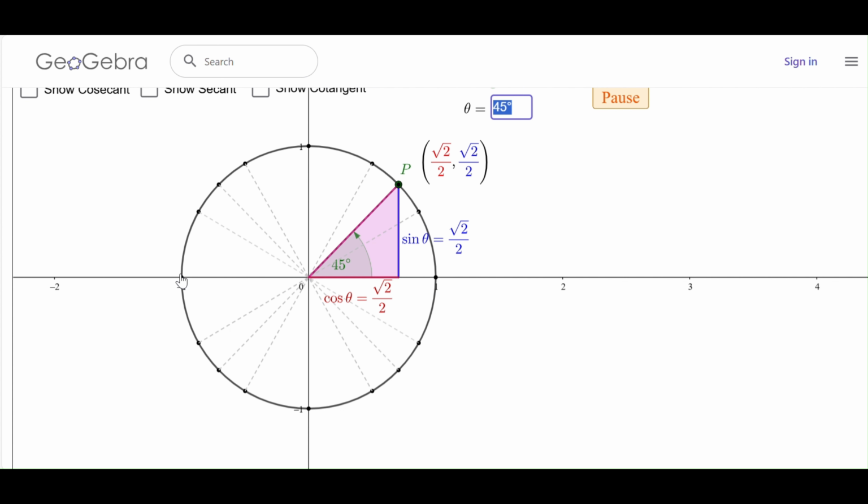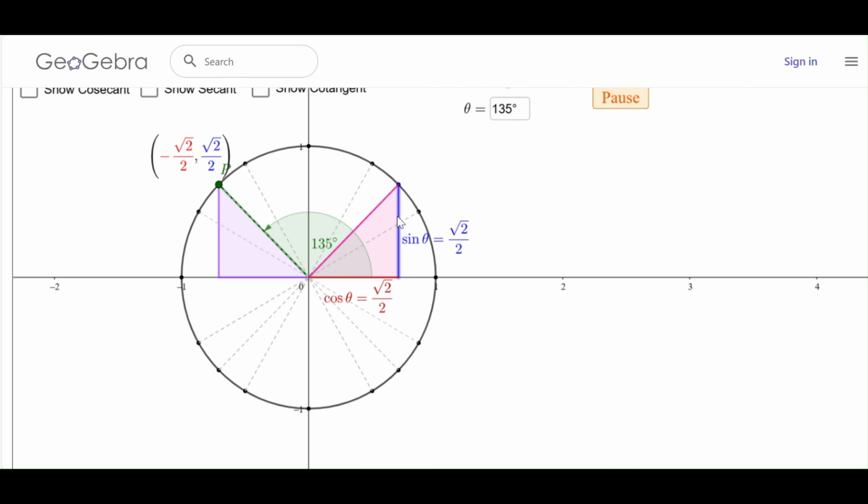But what if we go from 180 and we go backwards for 45? Or if you find reflection of this in the y-axis, aren't they going to have the same value? Yes, of course. So if we find now angle of 135 degrees, then we get the same thing.